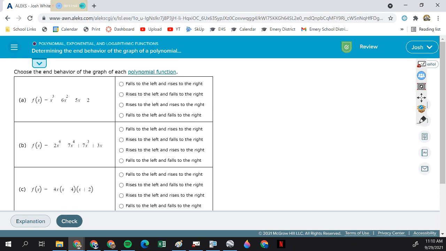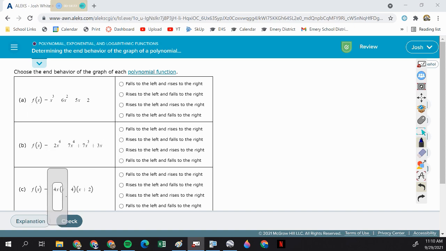So to construct the largest possible exponent, I need to multiply this times that. So that would give me negative 4x to the third. Right? So that one is going to be up to the left and down to the right.